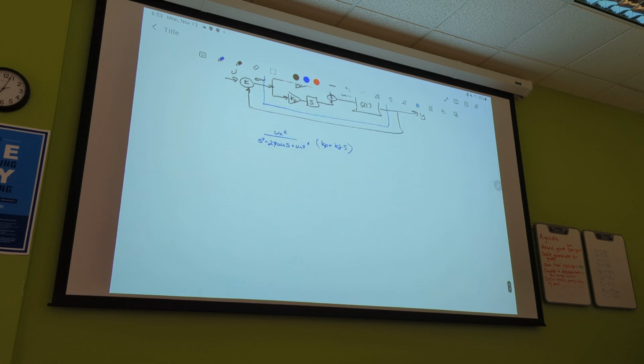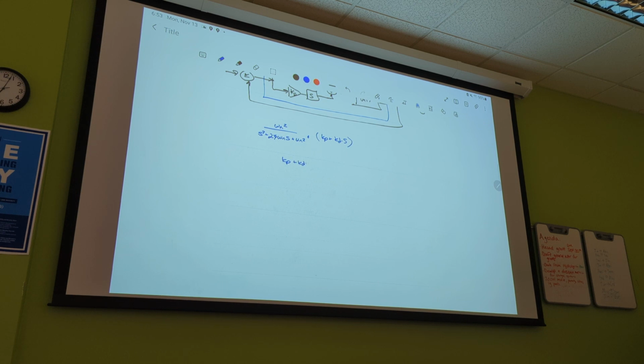We write that as (Kp plus Kd s) omega n squared over s squared plus 2 zeta omega n s plus omega n squared.